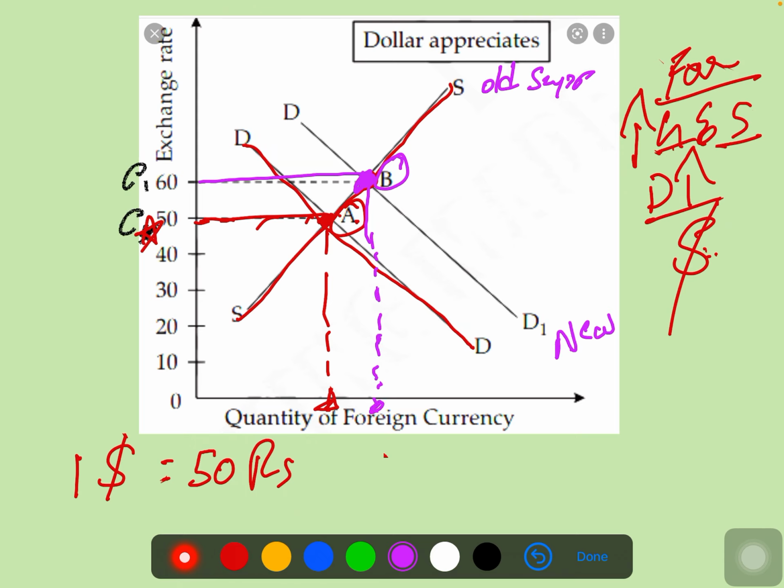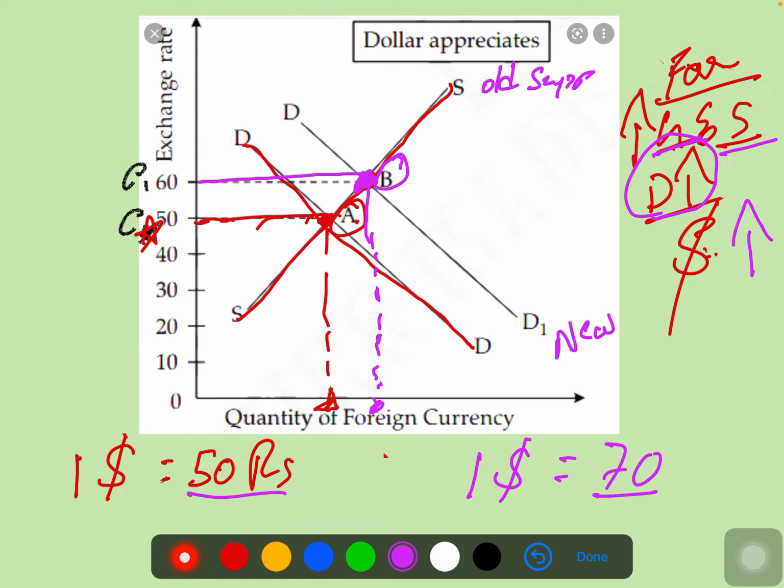The new rate for $1 will now be 70 rupees. So instead of giving 50 rupees, now you have to give 70 rupees. The simple reason behind it is that you are demanding foreign goods and services. If you are demanding more foreign goods and services, the demand for dollars is also going to increase.